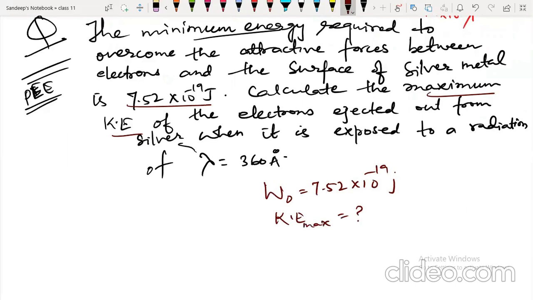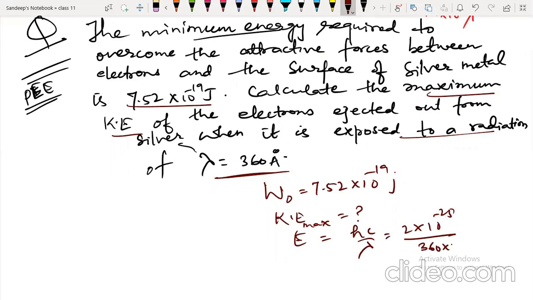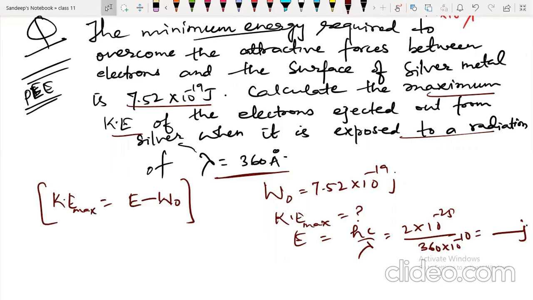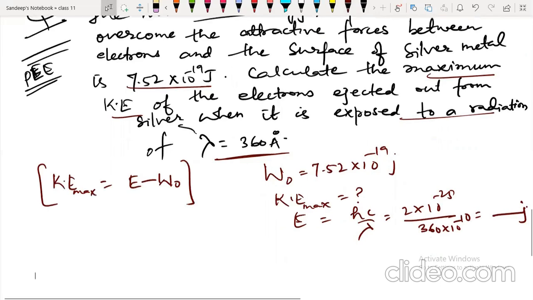And you have to find out the energy with the wavelength given. So energy equal to hc by lambda, 2 into 10 to the power minus 25 upon 360 into 10 to the power minus 10. Solve this. This is in joule. So kinetic energy maximum needs to be calculated with this formula, energy minus work function. Do it. Start solving.